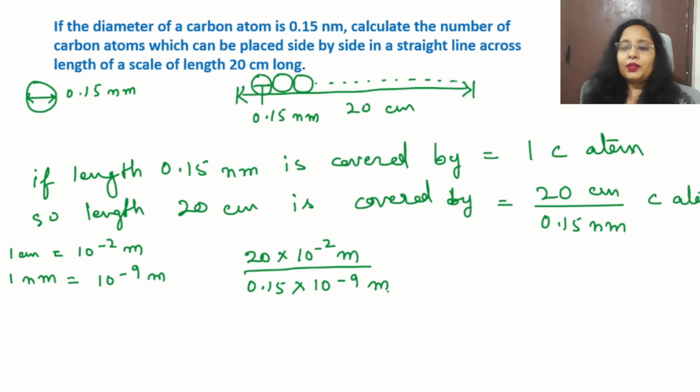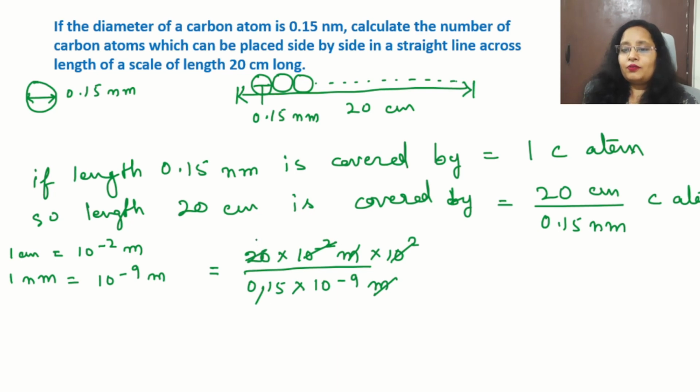Now clear? Now let's start solving this. First we remove the decimal. For 0.15 we will add 10 to the power 2. Now meter will cancel with meter, minus 2 will cancel with 10 to the power 2. Now whatever is left is 20 upon 15.